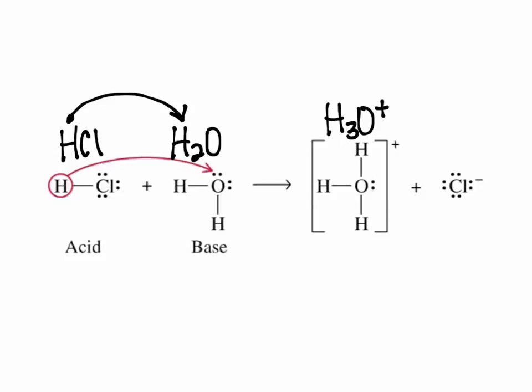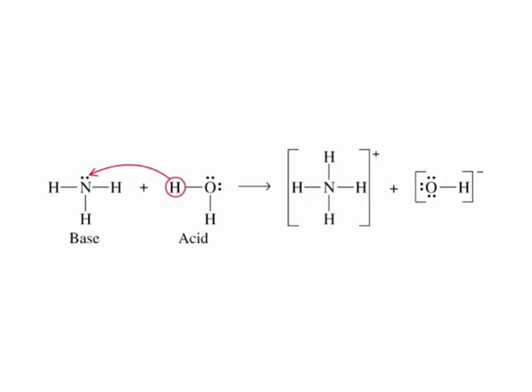Now, HCl, when it donated that H, Cl is left alone hanging out here, and it lost that positive charge from the H, and so now it's a negative chlorine atom. Okay. Any questions on that? So you've got to make sure you're writing those positives and those negatives there when you lose or gain a proton.